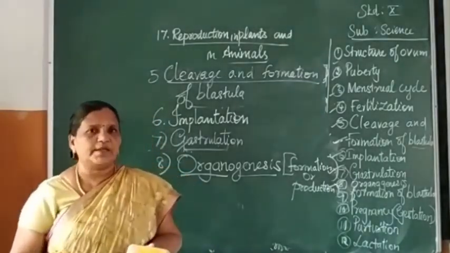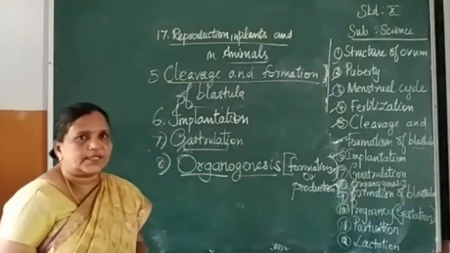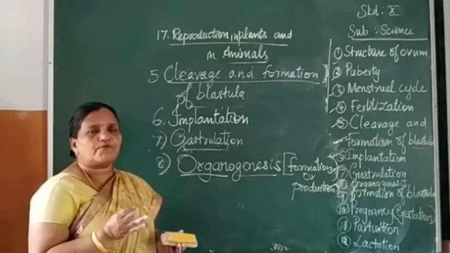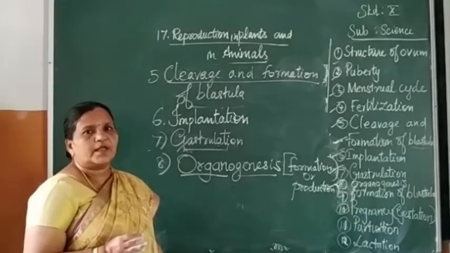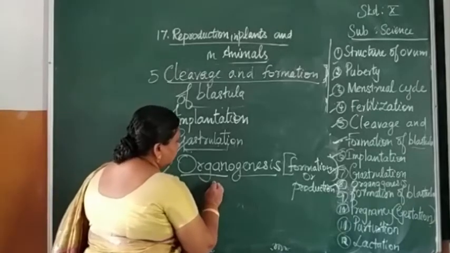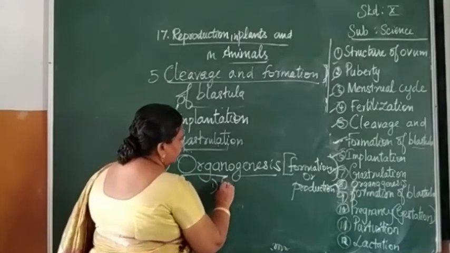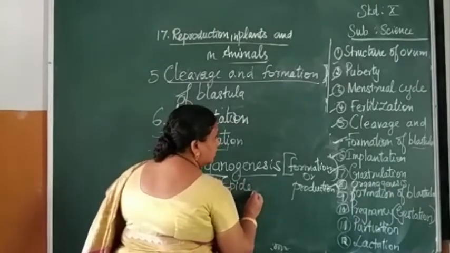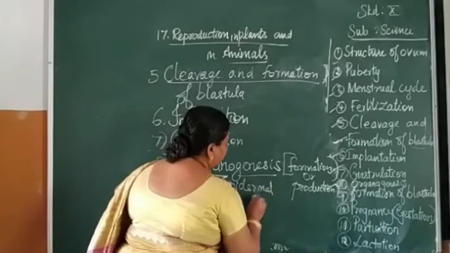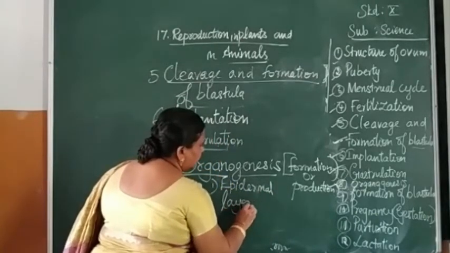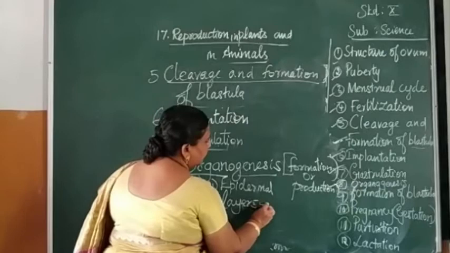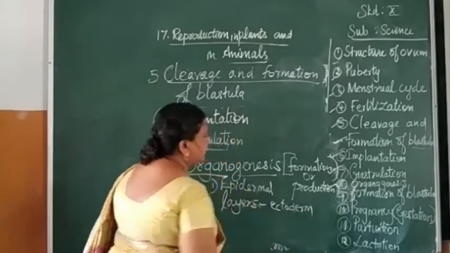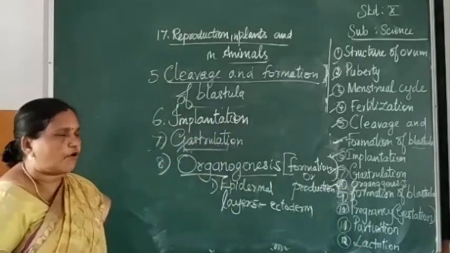So from the epidermal layer, that means skin, hair, nail, and also the mammary glands are formed from this area. So in organogenesis, first one, epidermal layers are formed from the ectoderm. Along with that, mammary glands also will be formed.